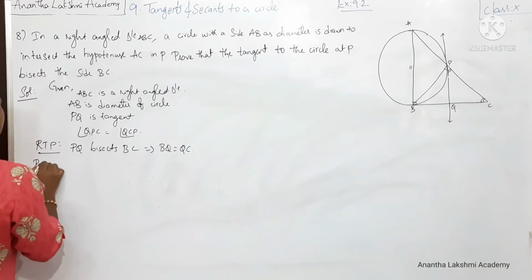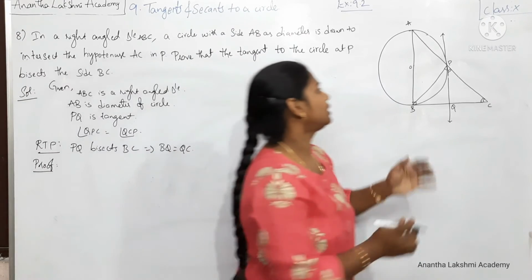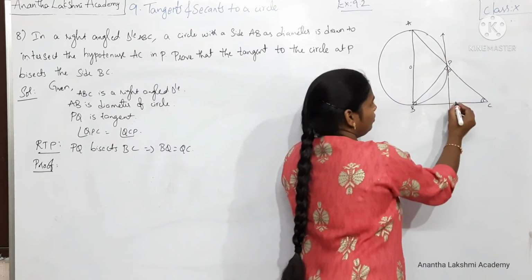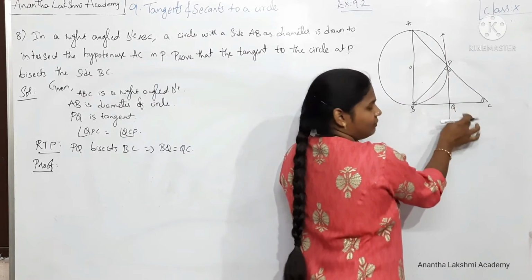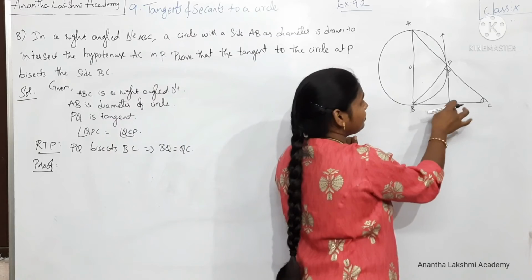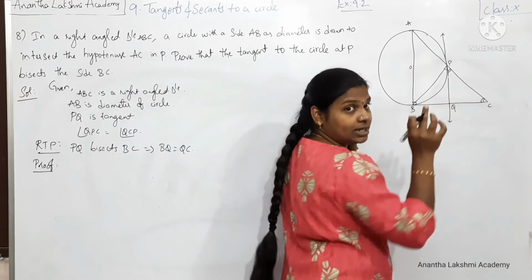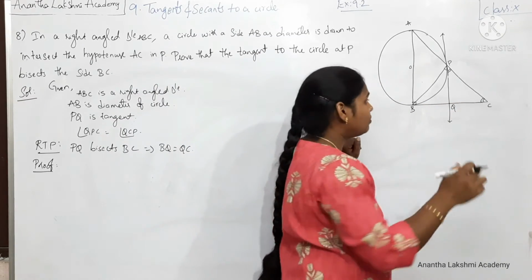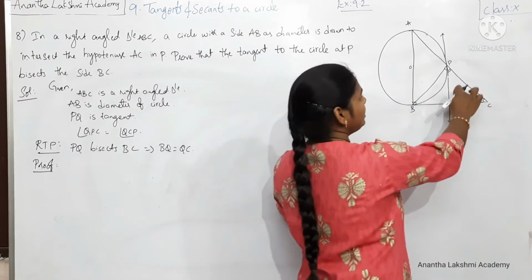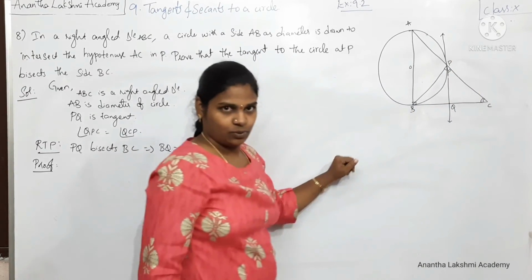That is what we are supposed to prove. So let's look at the proof section. Here, if you look at the tangent PQ, you have a point Q which is outside the circle. And from here, we know that the lengths of tangents drawn from an external point are equal. So QP is equal to BQ, isn't it?